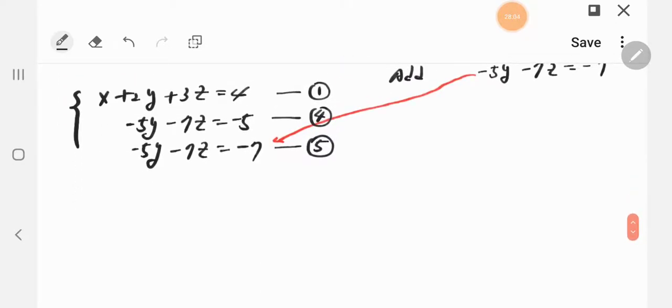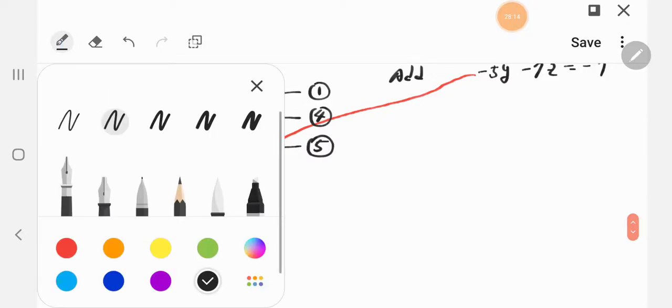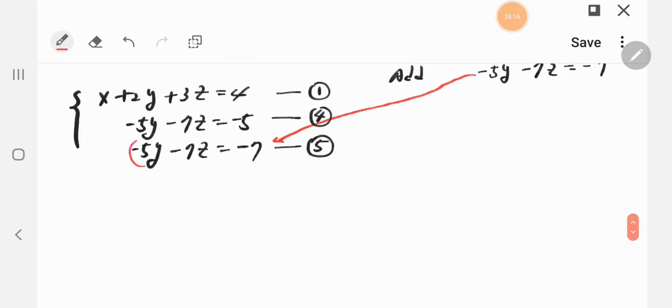So as you can see, using equations 4 and 5, let's get rid of y or z. So let's get rid of y. Let's eliminate this y. So multiply the fourth equation by negative 1, so the coefficient of y will be 5.